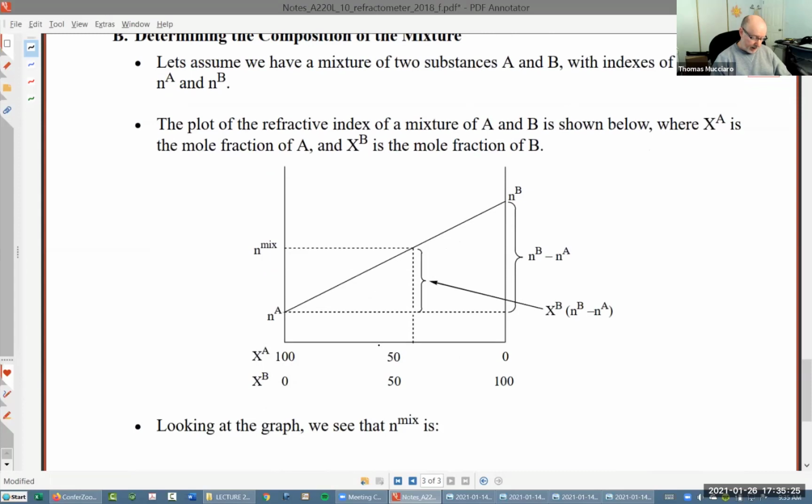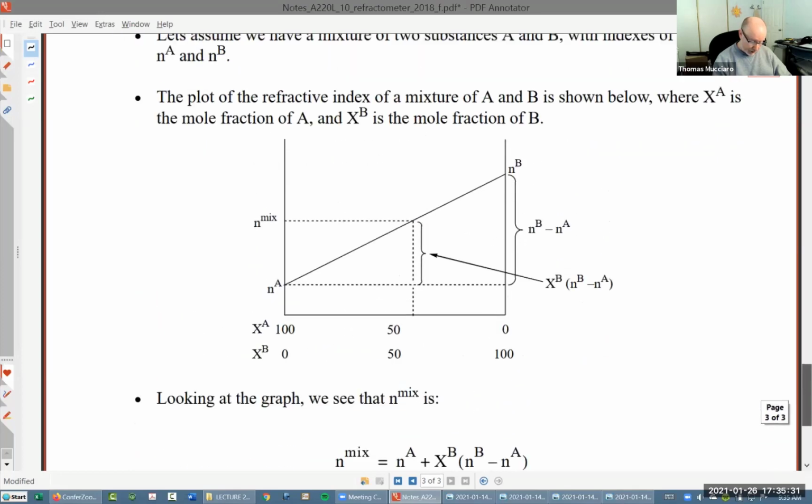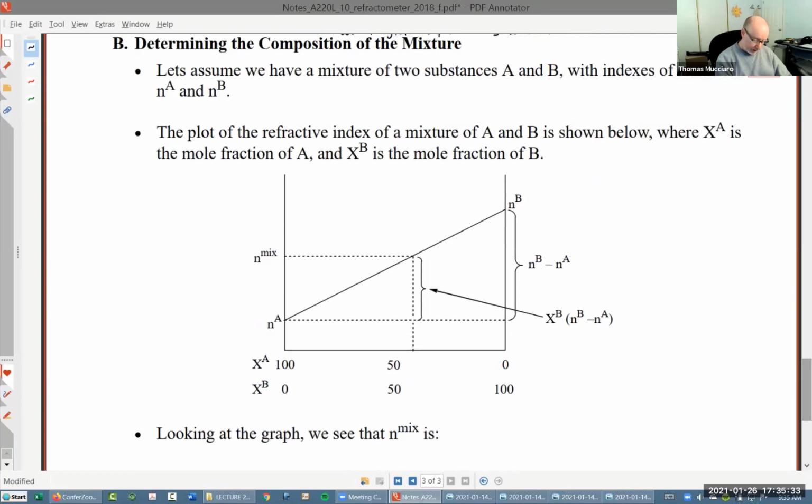All right. The other thing I want to talk to you about is how we can use the refractive index to actually measure the composition of a mixture of two substances. So I kind of want to just really quickly walk you through this. There's some formulas at the bottom, and you can just skip to those if you want.